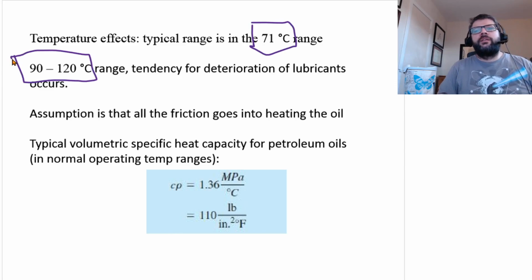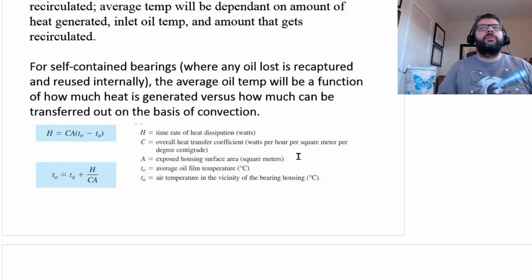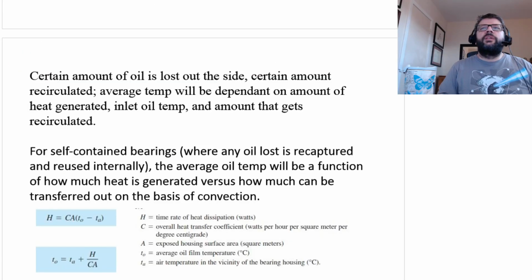And a general idea of how much heat it will take: its volumetric heat capacity for a normal operating range is 1.36 megapascals per degree Celsius, or 110 pounds per square inch degree Fahrenheit. It's reasonable. So you got that.